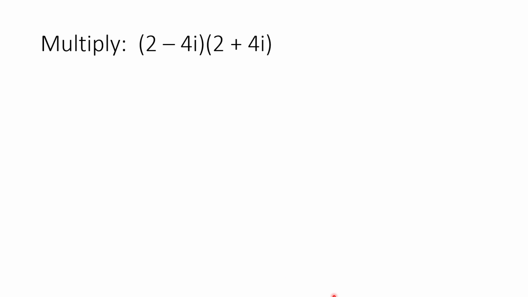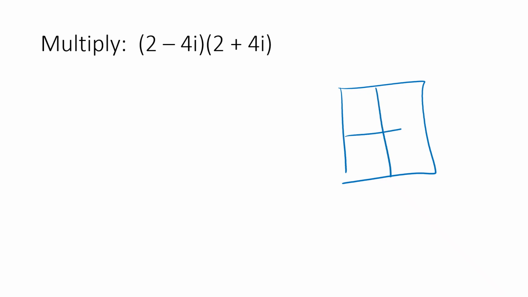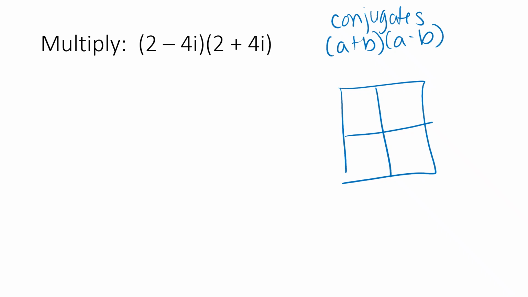All right, now this is another multiplication one. And this is on purpose because it's going to come up in the next problem. So these are what are called conjugates. That's a really important word that comes up a lot in algebra, and conjugates take this form: a plus b, a minus b. So you'll have the same terms a and b, but one group will have a plus sign, so the b value will be positive.